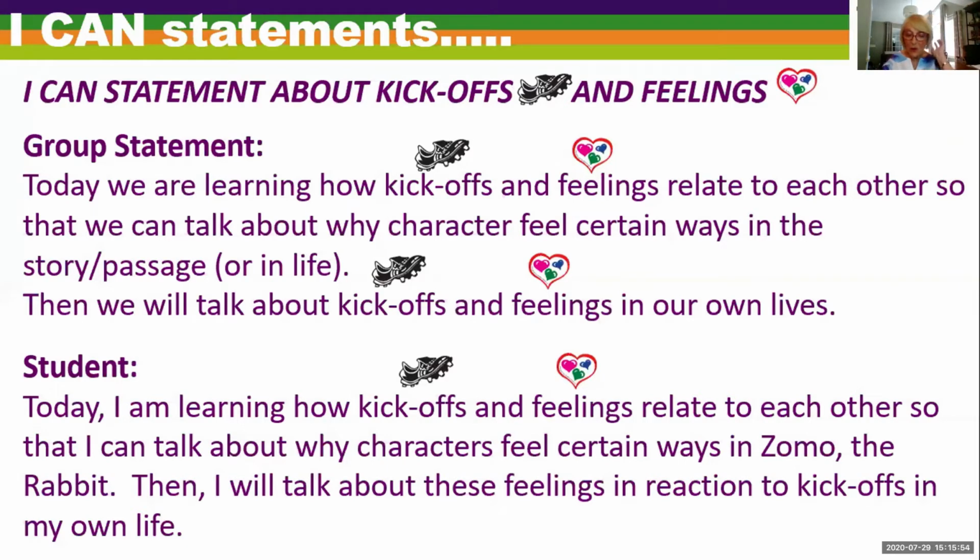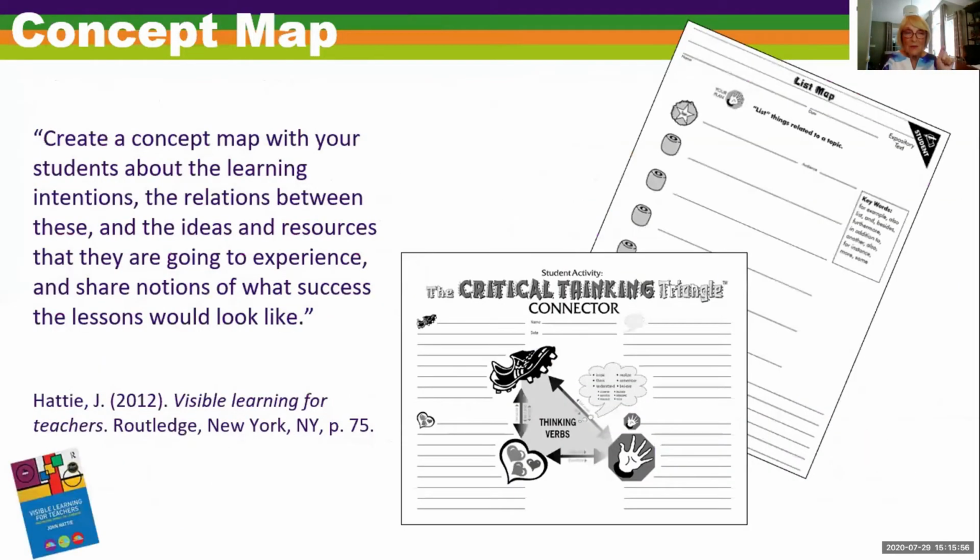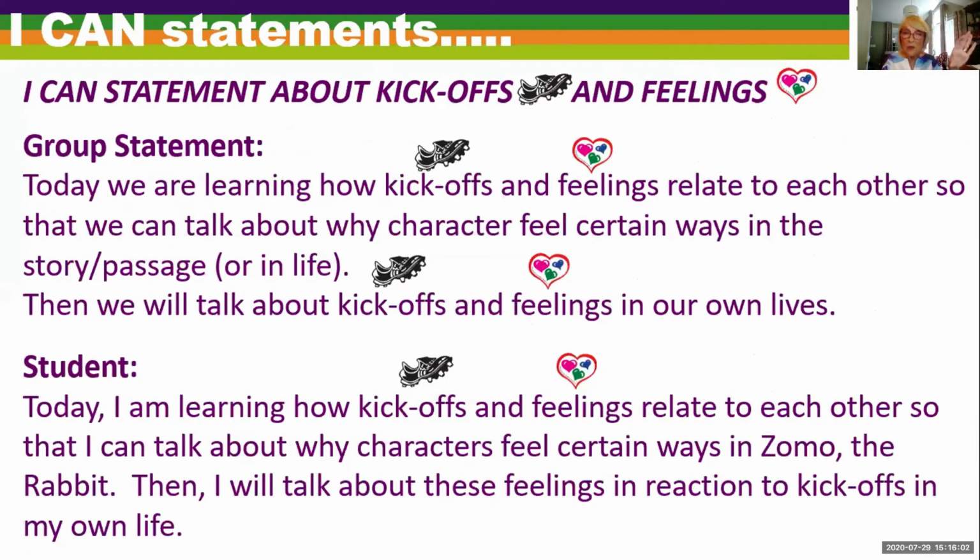All right, so right before that statement was about the concept map and how we want to make the process visible. We've had I can statements forever in the Story Grammar Marker manual, which I'll show you in a minute.